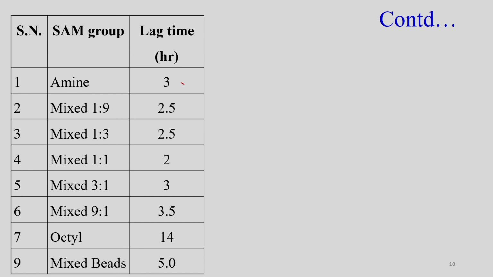So, amine 3 hours, octyl about 14 hours, and mixed one. This is the mixed SAM and this is the mixed bead. If you compare, this is 2 hours and this is 5 hours.